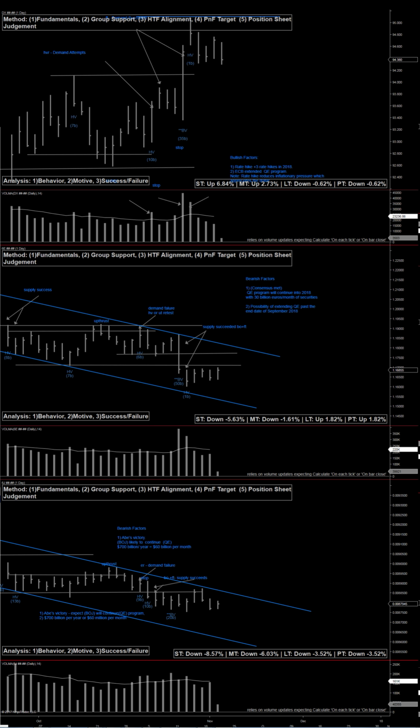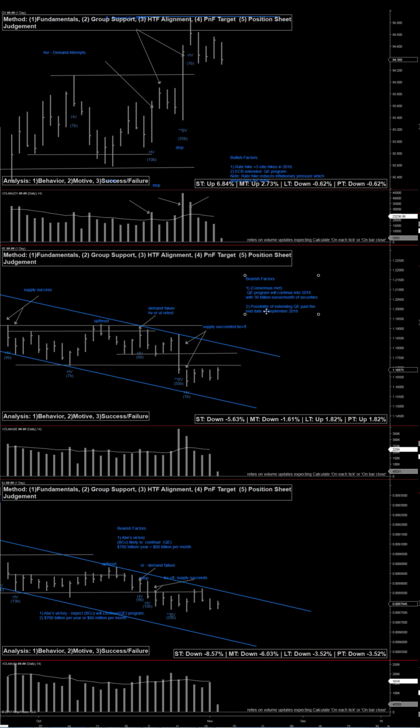The European ECB QE program will continue into 2018 with 30 billion euros per month of securities. And the second thing is the possibility of extending QE past the end date of September 2018, which means that the cap on the September QE, it just keeps going on and on.